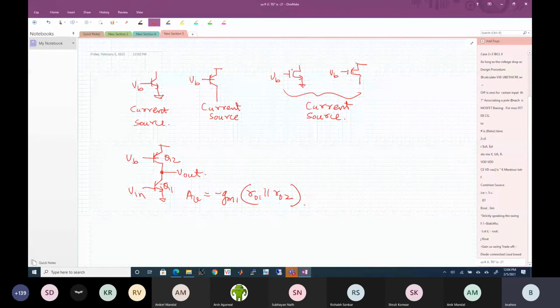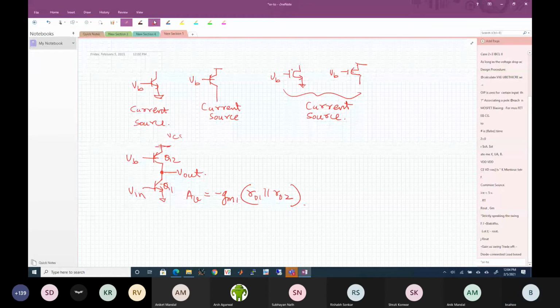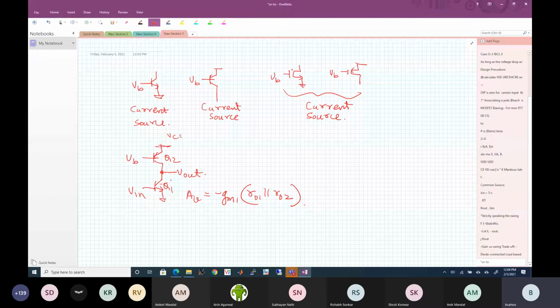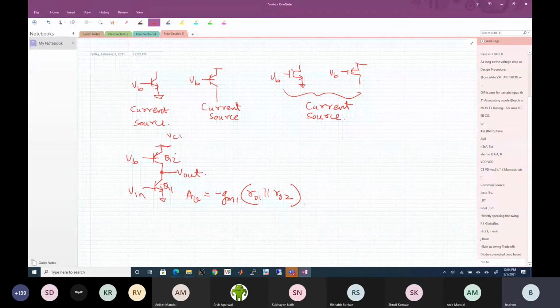What about the swing? If I set the DC voltage of V out to be exactly VCC by 2, if this is VCC, then what is the minimum voltage it can go? 0.2. What is the maximum voltage it can reach? VCC minus 0.2. Correct?